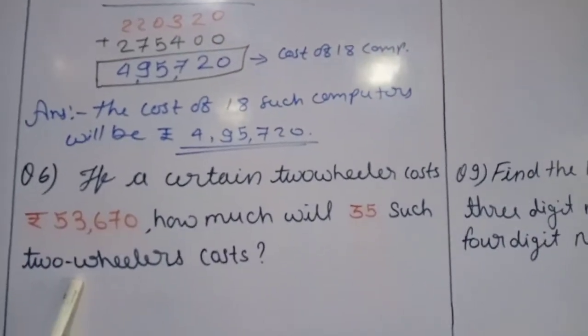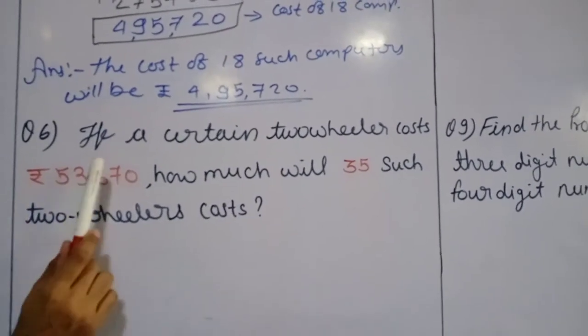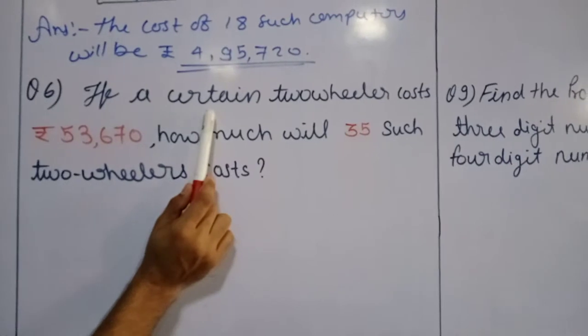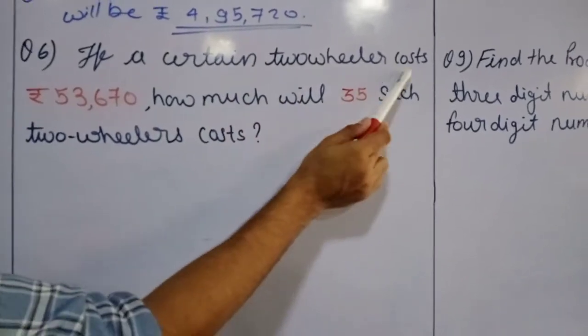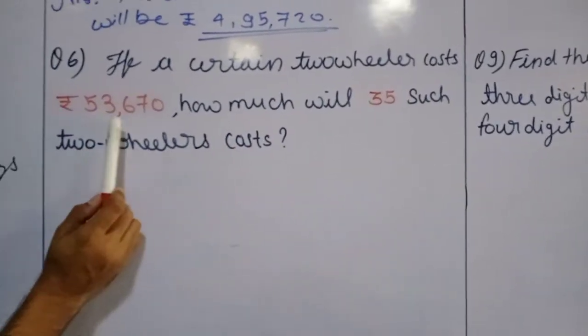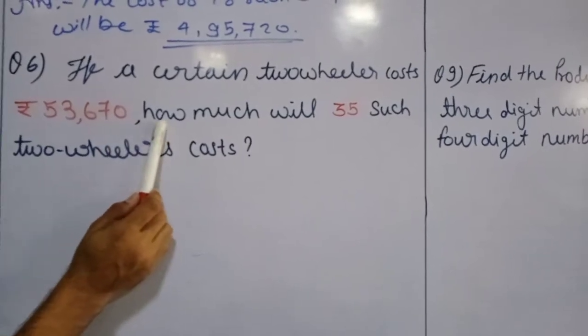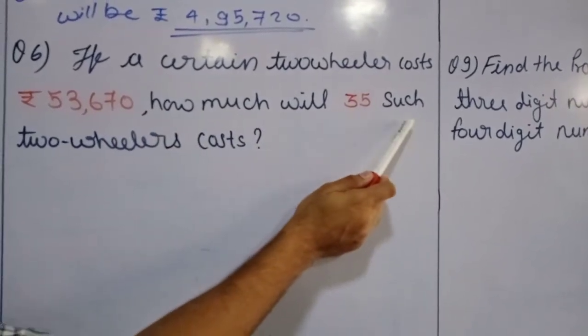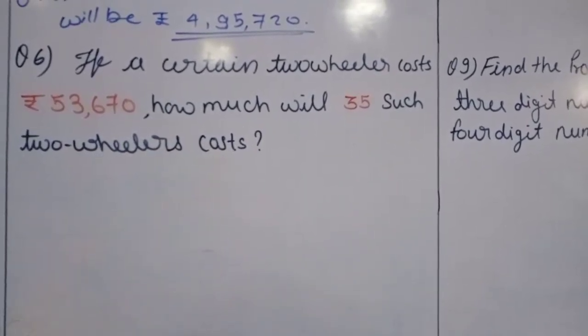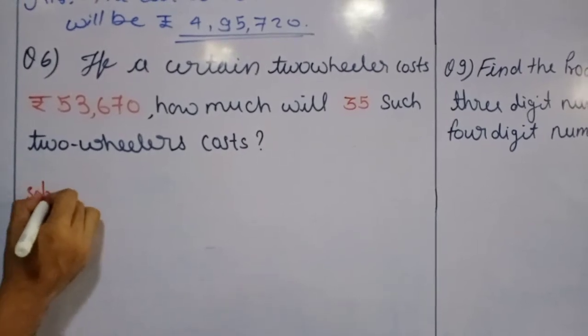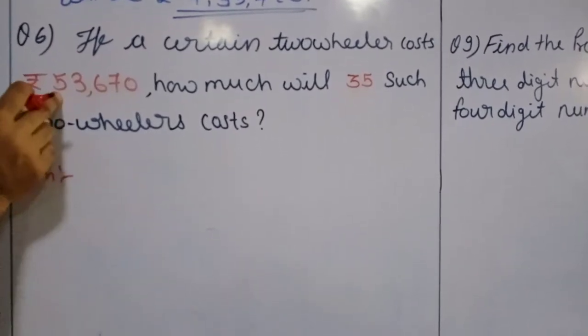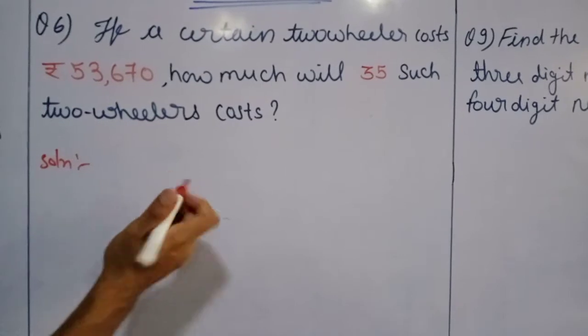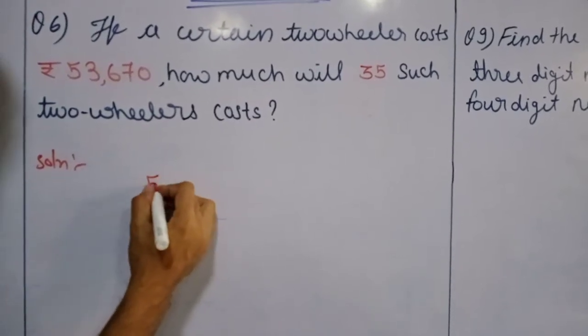Sum number 6. This is also the same kind of sum. If a certain two-wheeler costs rupees 53,670, how much will 35 such two-wheelers cost? So we have to start with the total cost of one two-wheeler.